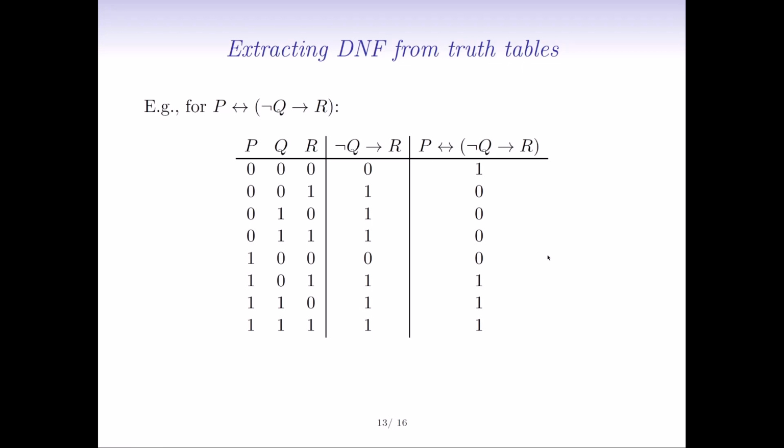So if we look now at all the rows of the truth table for which the formula has truth value 1, we can see that there are 4 cases in which that is the case, and indeed we can just read off a DNF formula directly from the truth table.